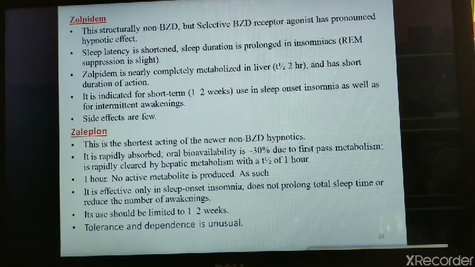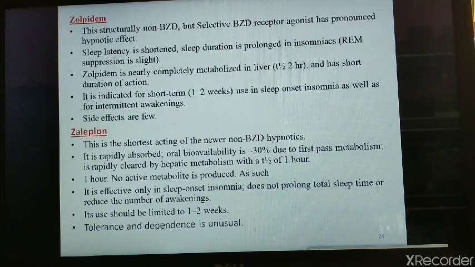Zolpidem is nearly completely metabolized in the liver, the T-half is 2 hours, and it has a very short duration of action. It is also indicated for short-term use in insomnia patients as well as for patients having intermittent awakenings.